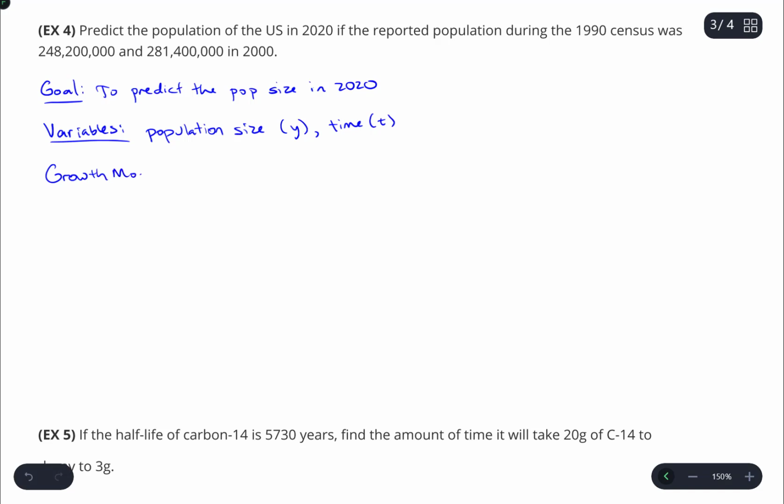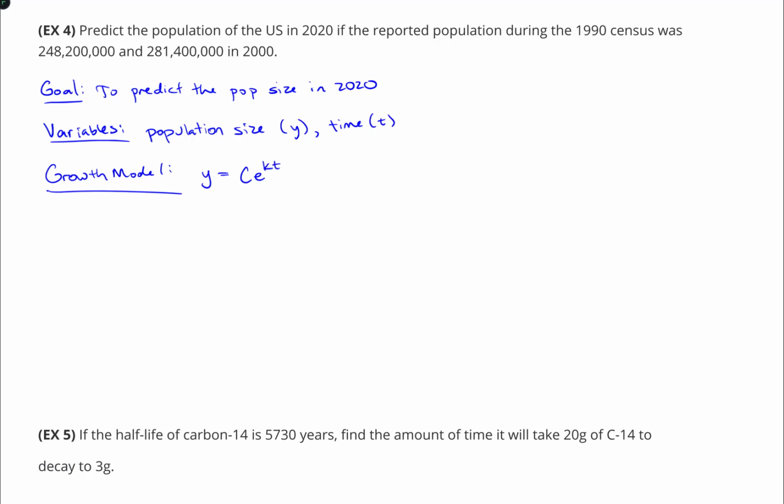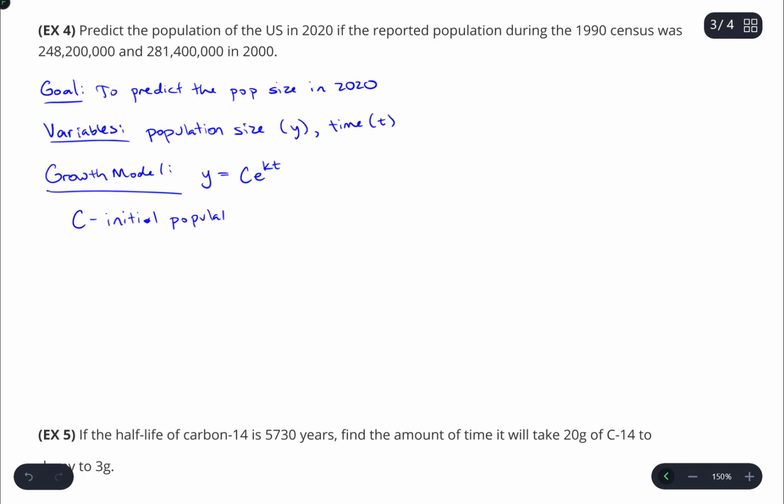If we didn't have this to start with, we would spend a little time developing some sort of model to work this out for us, but here we have it: y equals c e to the kt. And C, of course, is an initial population size, and K is a growth constant.